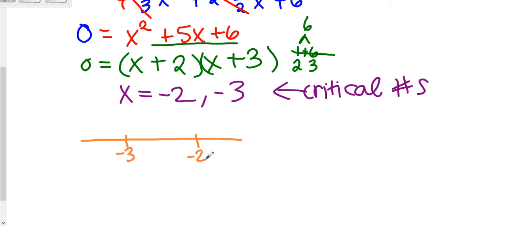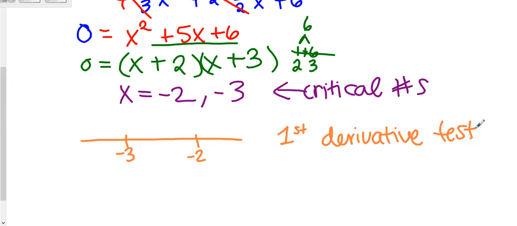In our first derivative test, this is what we're about to do, the first derivative test involves testing numbers on this number line. So we have our critical numbers, and I would suggest writing your test numbers either in a different place or above the number line if you write your critical numbers below, because you need to distinguish. Because the numbers that you test, you are going to plug into the derivative.